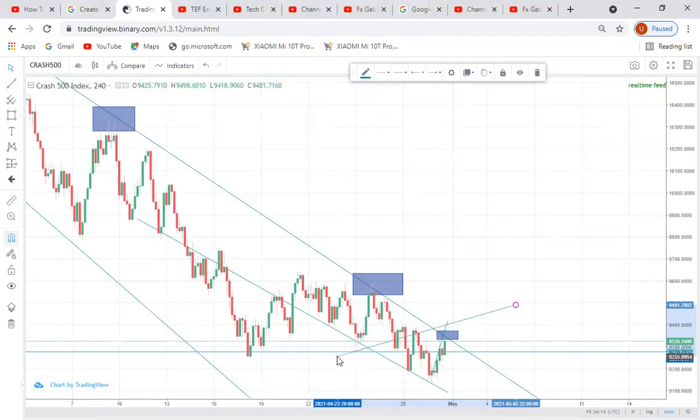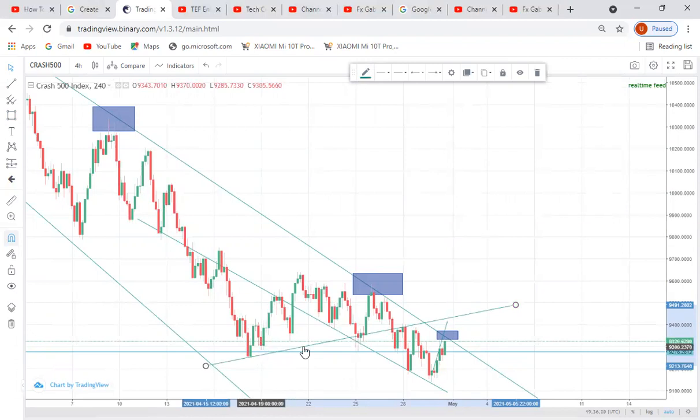So I'm using the support zone here, slash the next resistance here. We want to make a valid touch.